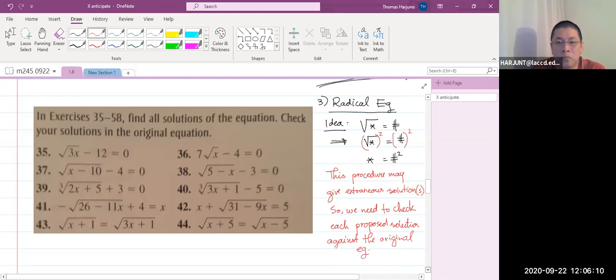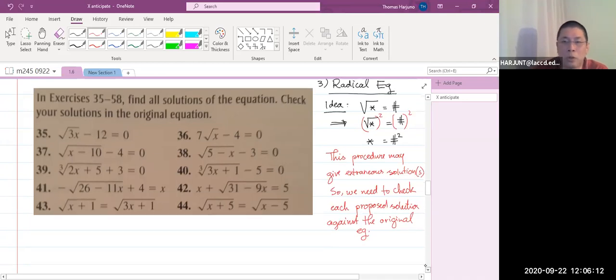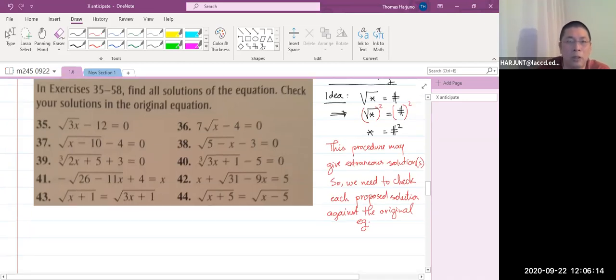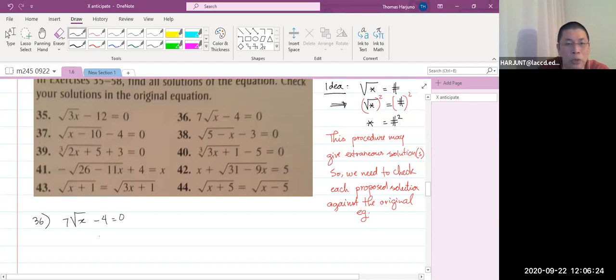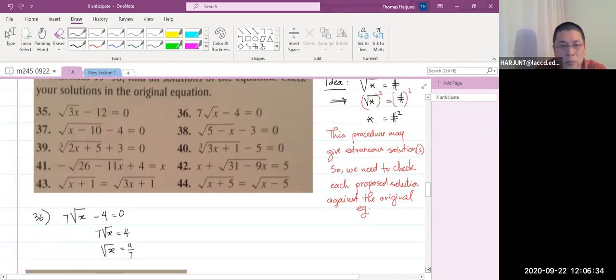Now, let's say number 36. Number 36, 7 square root of x minus 4 equals 0. What I will do is isolate the square root of x. Basically, I isolate the radical.